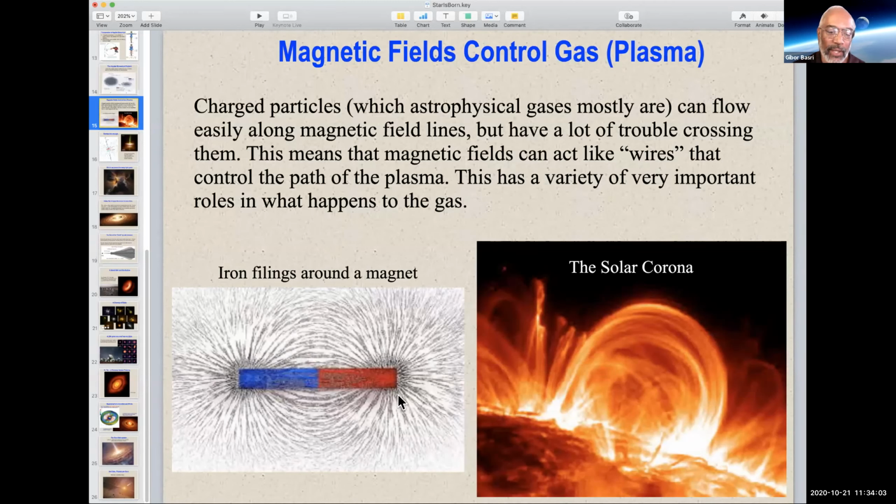So you've all seen the iron filings follow a magnetic field around a magnet. On the sun, it's plasma, and there's a magnetic field on the sun, a lot of different ones. And so the solar plasma follows the magnetic fields as well here. So magnetic fields can control gas motion. That's really the only point I want to make.